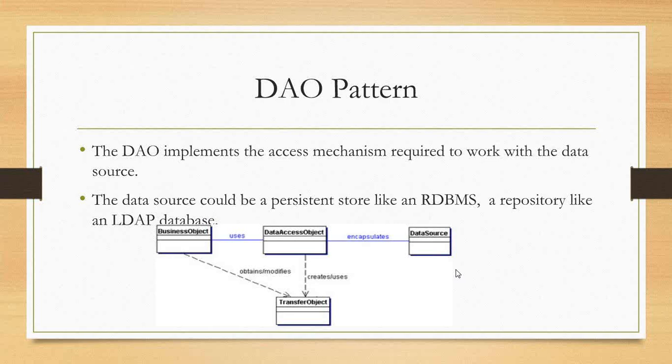So the code which we write to implement the business rules of an application is called business logic. And in these business objects, basically, you'll be having that business logic itself.